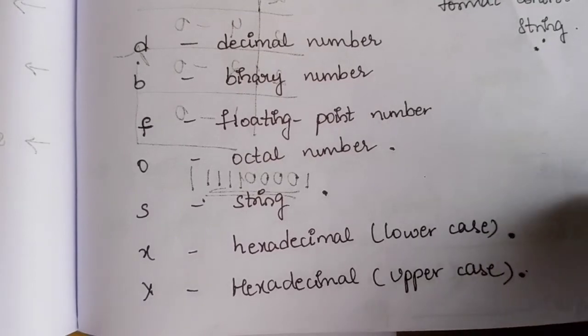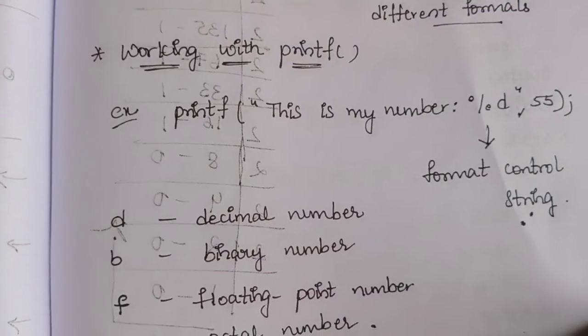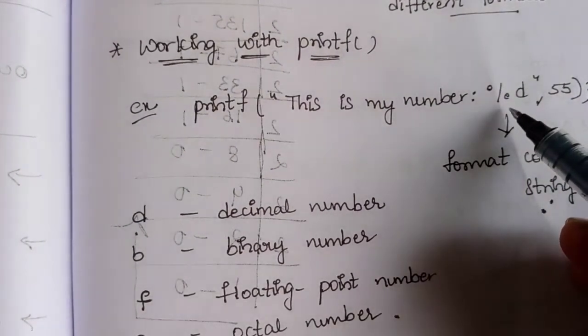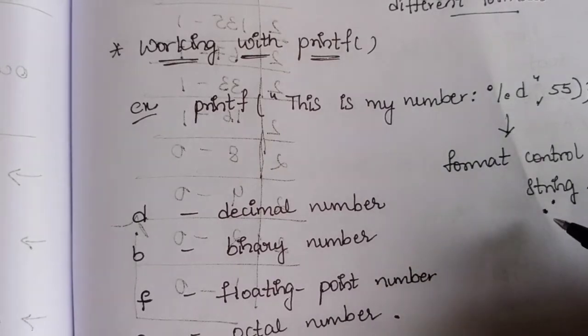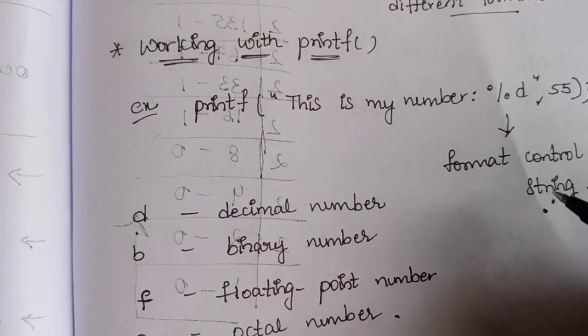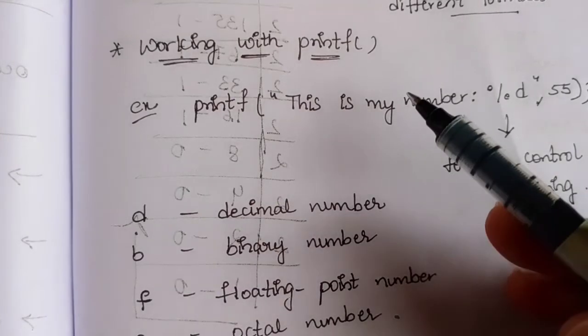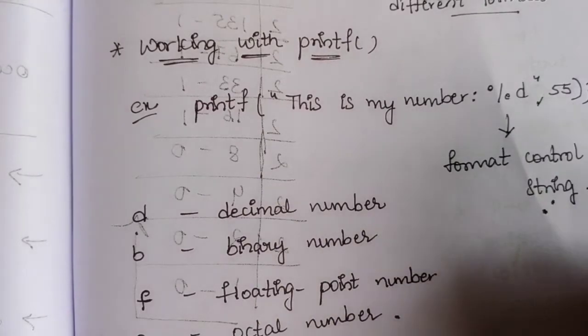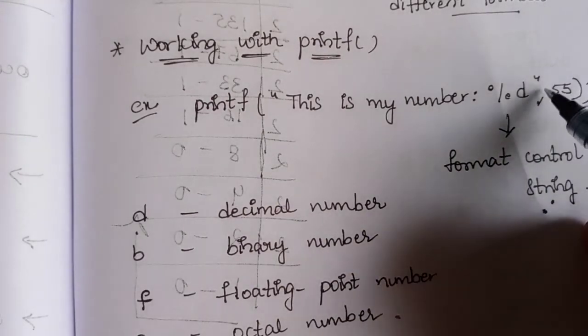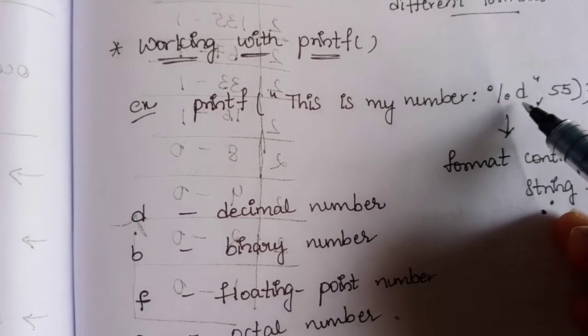In the printf example, you can see this, we call it the format control string. And we have another topic called conversion specification, which we are going to use in printf. If we are giving a decimal number here, we are printing the decimal number, no change.